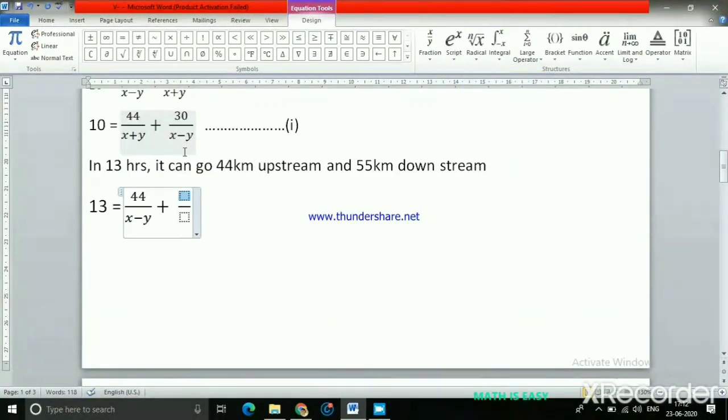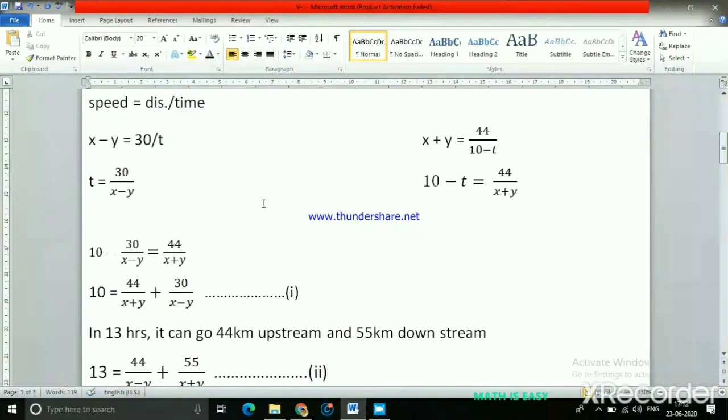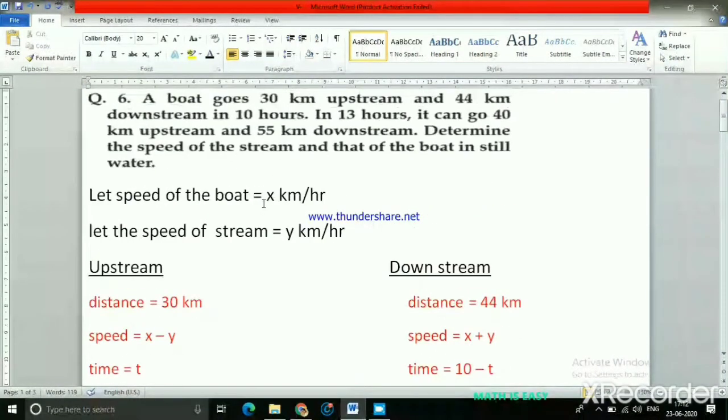Now upstream is over. Now downstream is 55 kilometers, and the downstream speed will be x plus y. So this is going to be your equation number 2. Understood how to write? Even in the exam, just mention these two steps: let the speed of the boat be x and the speed of the stream be y.